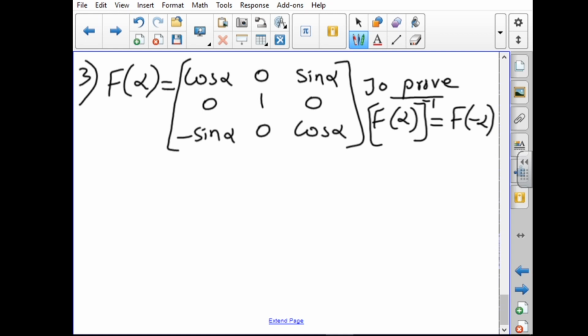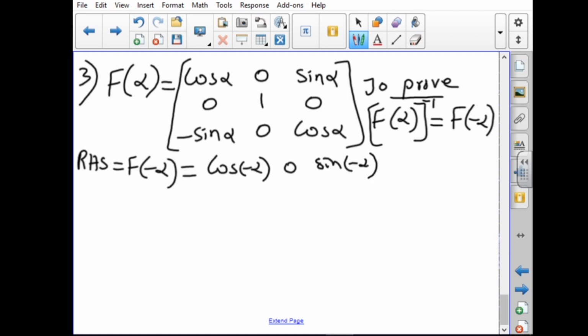So we will take the right hand side first. Right hand side is equal to f of minus alpha, which is nothing but writing minus alpha in the place of alpha. So it is cos of minus alpha, 0, sin of minus alpha; 0, 1, 0; minus sin of minus alpha, 0, cos of minus alpha.